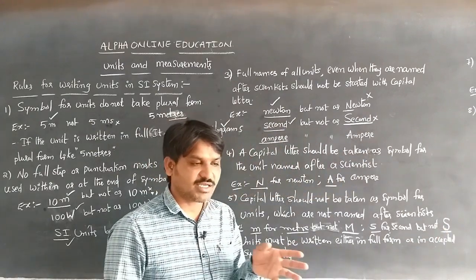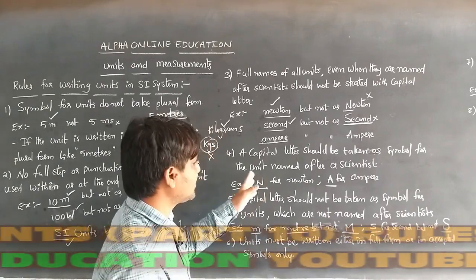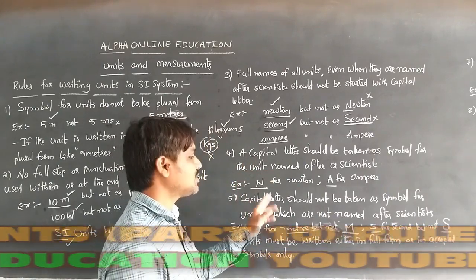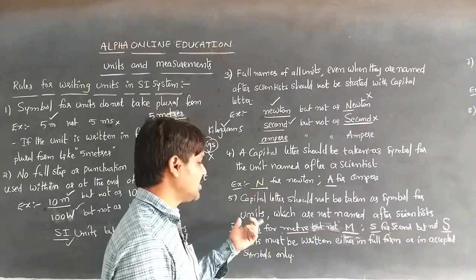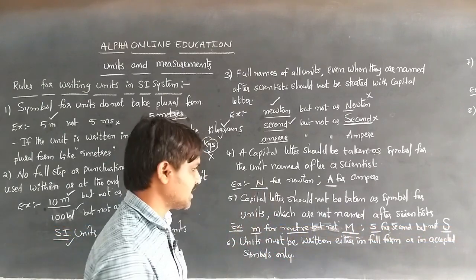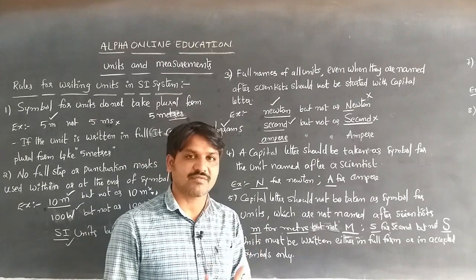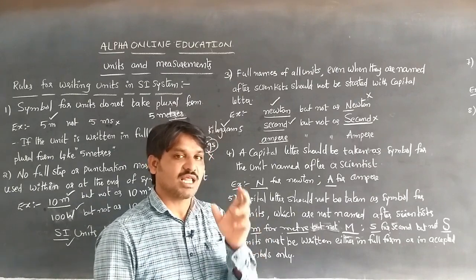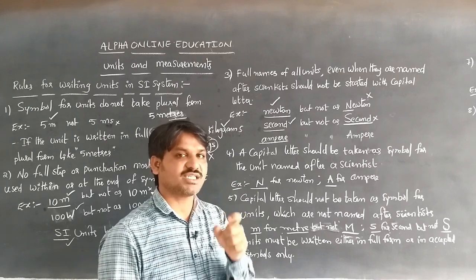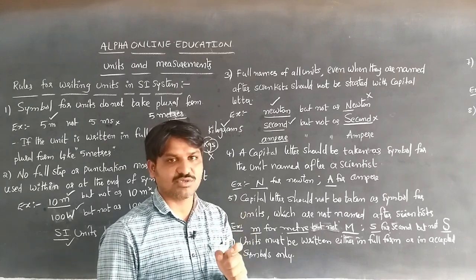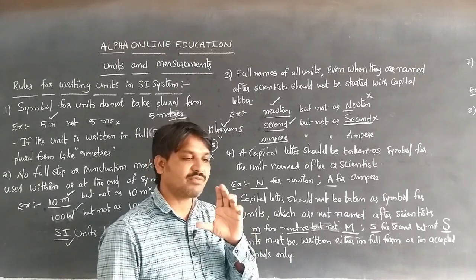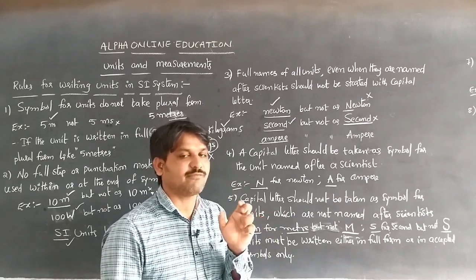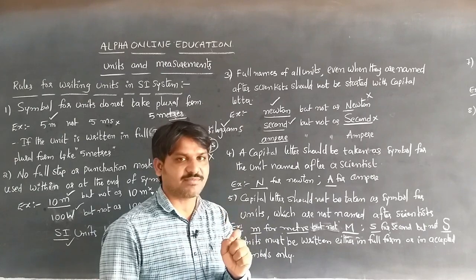If the units are named after scientists, capital letters can be used for their symbols. If they are not, capital letters should not be used as symbols. But whenever we are writing the full name of a unit named after a scientist, we should not start with a capital letter.